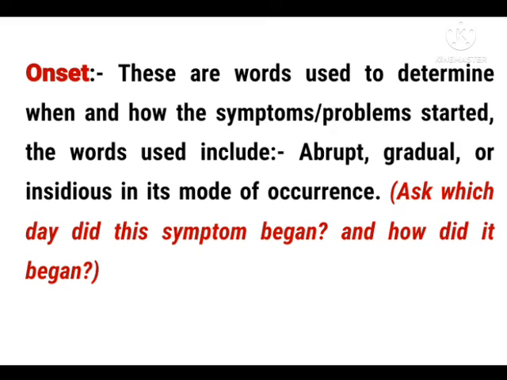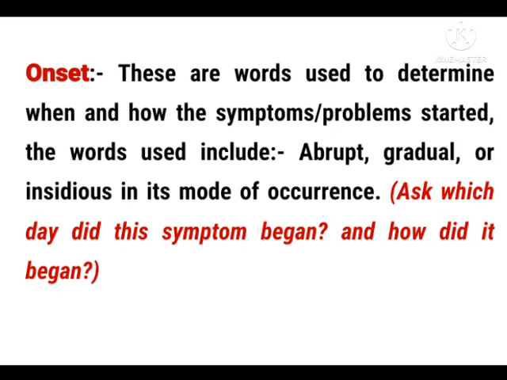Madam, how did this condition begin? It just started just like that in the morning. I wake up, I start seeing it. Or gradual. It's been long, the thing has been giving me signs, but I have been overlooking it. Abrupt signifies a severe condition, an acute condition.